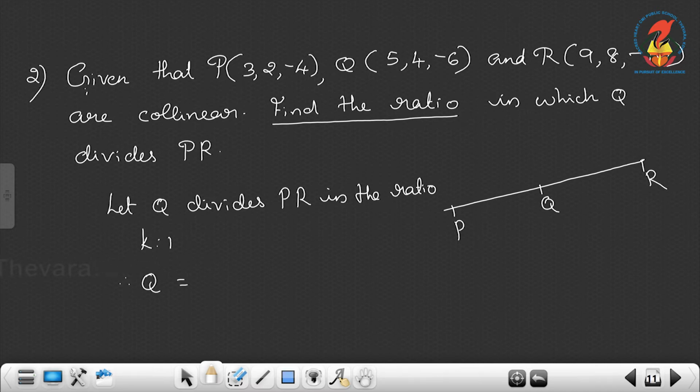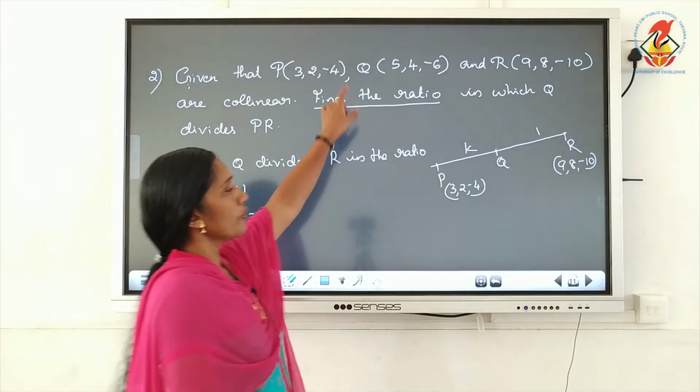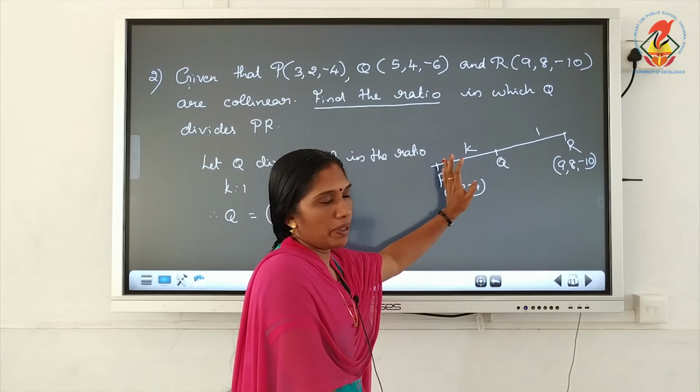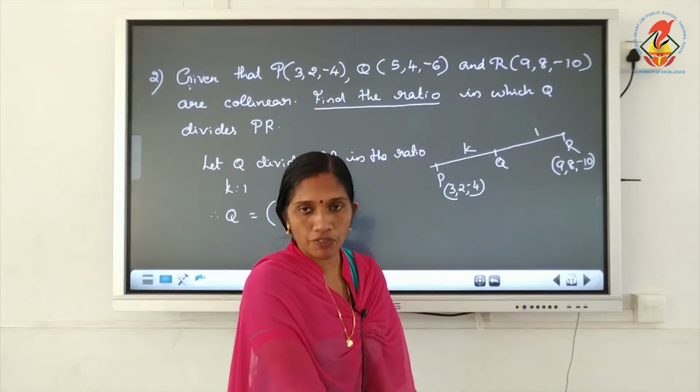Therefore, coordinates of Q, what is P? P is (3, 2, minus 4). Now R is (9, 8, minus 10). Okay. So the coordinates of Q is also given. So using this, that is Q divides PR in the ratio k is to 1, we get the coordinates of Q in terms of k.